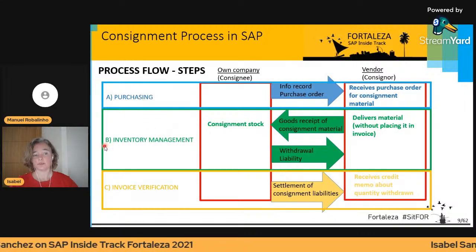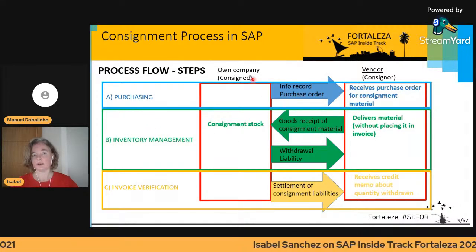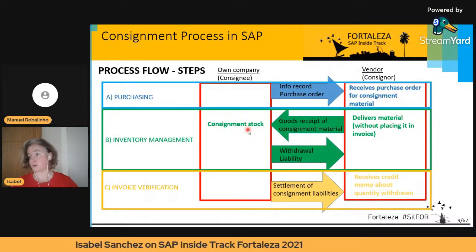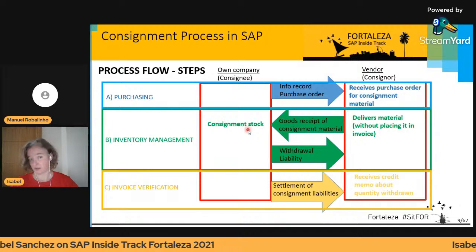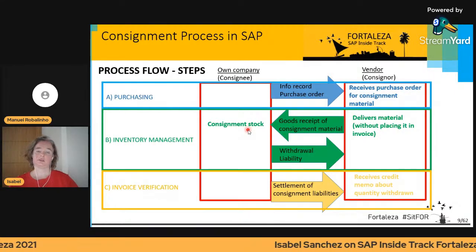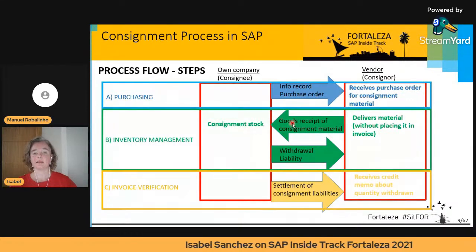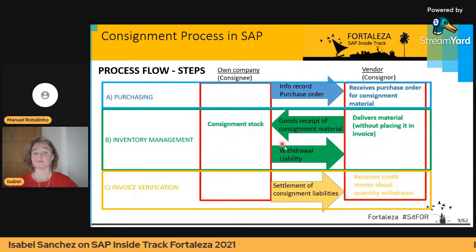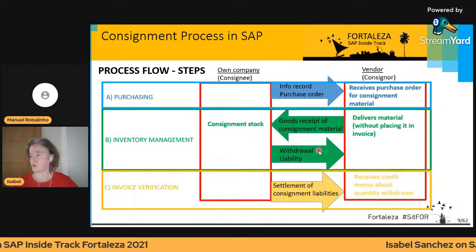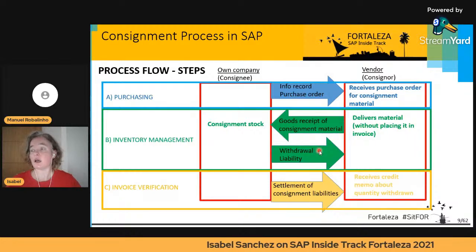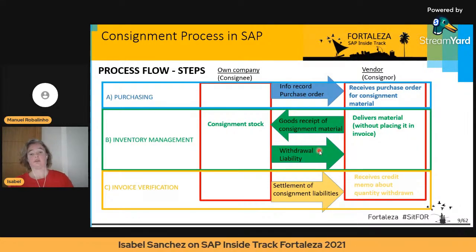The second step is inventory management, where our own company will recognize that it has received consignment stock. In this case, there are 10 units. After this goods receipt, there is a part of withdrawal, when we recognize 5 items.